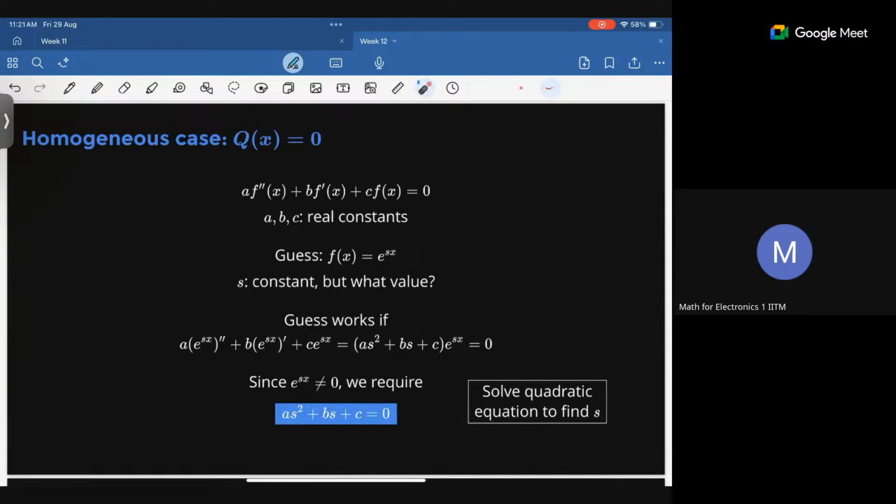If I do that, I will get this kind of expression. This e power sx will never be 0 because it's an exponential function. Therefore, a s square plus b s plus c should be 0. That is called the characteristic equation.